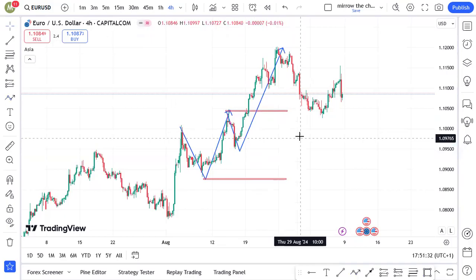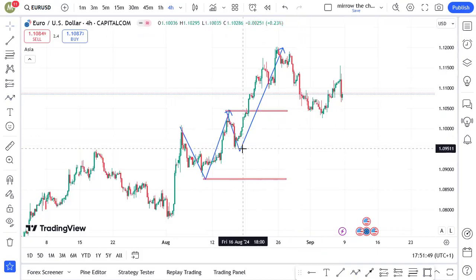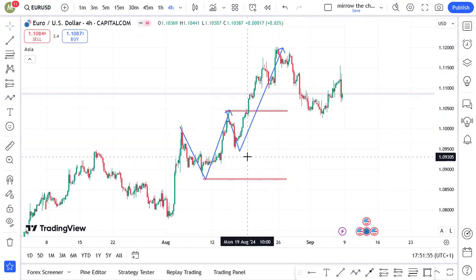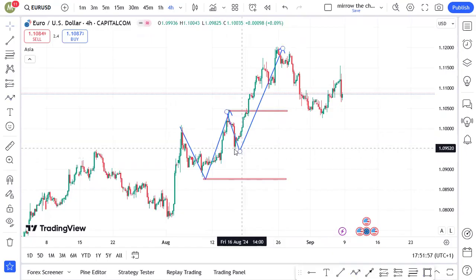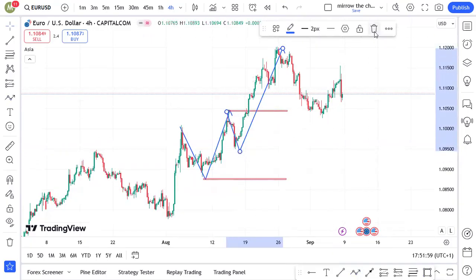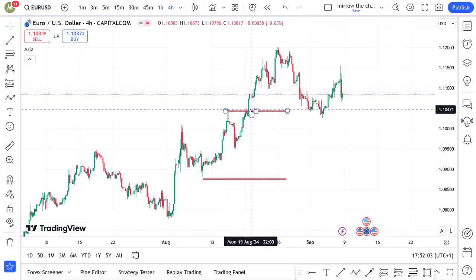So this is just the simple definition of a range structure: a situation whereby price is giving us a series of market structure, bullish or bearish, leaving for us ranges that will be filled in later in the future. I don't know if I make sense. Maybe my English is not that sound, but this is just it.